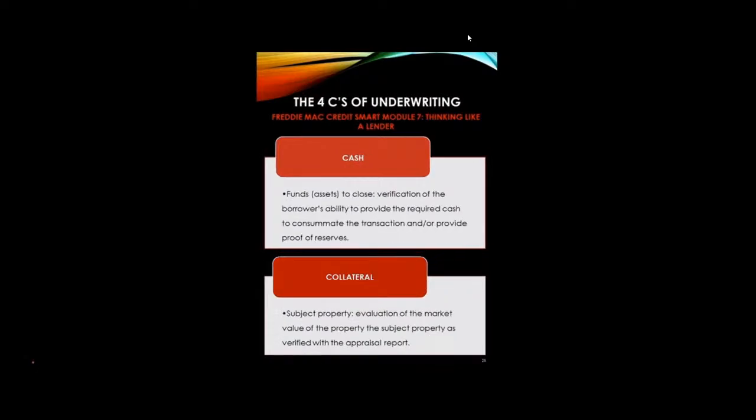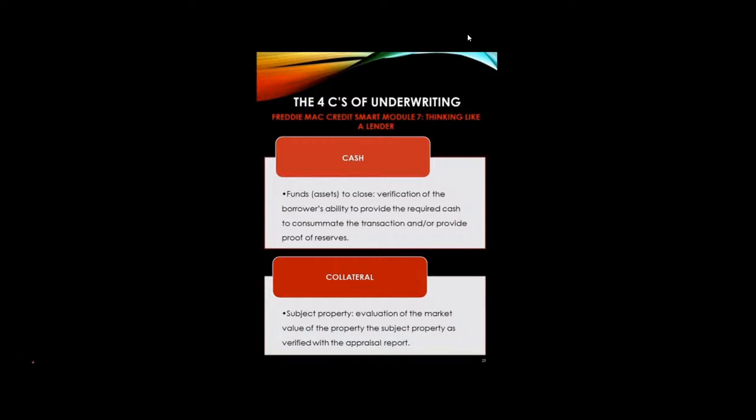Cash. Whenever you see cash, it sometimes doesn't necessarily mean cash in hand, like the paper cash. It's just what cash the borrower has in their bank account. So we want to make sure the borrower has enough funds to close on the transaction in their bank account, and that they are able to do what they're telling us to do.